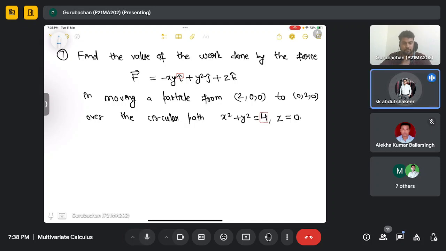Sir, same as above. We have to take the parametric equations, x is 2 cos theta, y is 2 sin theta. And then what would be the value of t here? That is the crucial point.